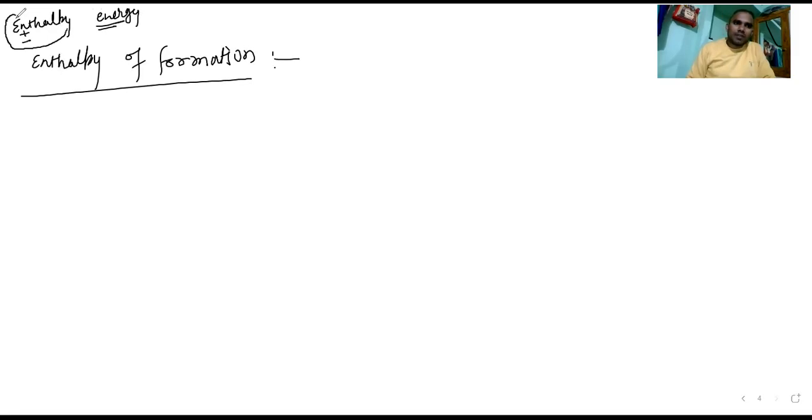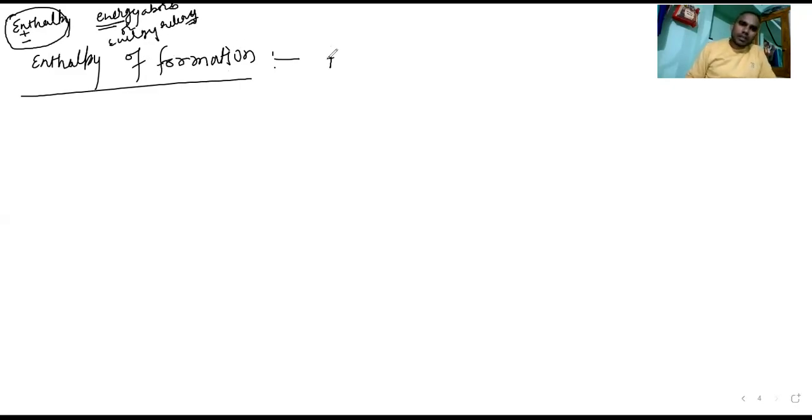Enthalpy means energy absorbed or energy released. Enthalpy is used for both terms. So let us try to understand enthalpy of formation.